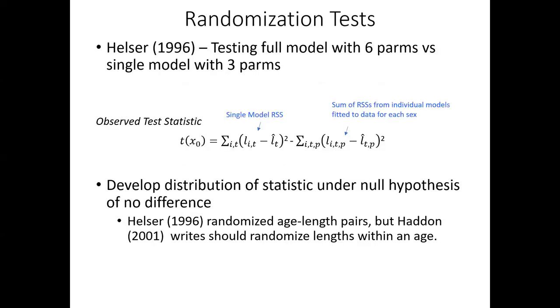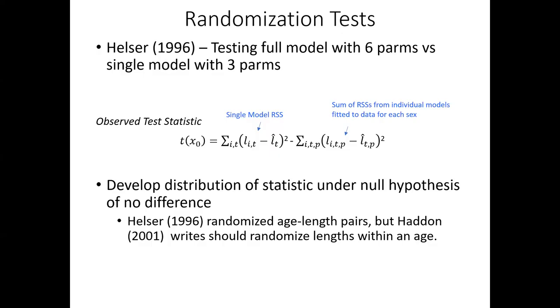One of the papers I used way back when was Helser 1996, and he developed this observed test statistic when he's comparing two models: a full model for two groups that has 6 parameters versus the single model with just 3 parameters, which assumes the same model for the different groups.